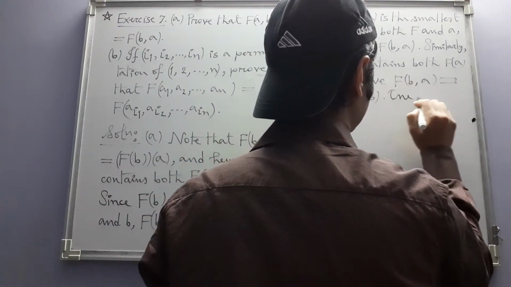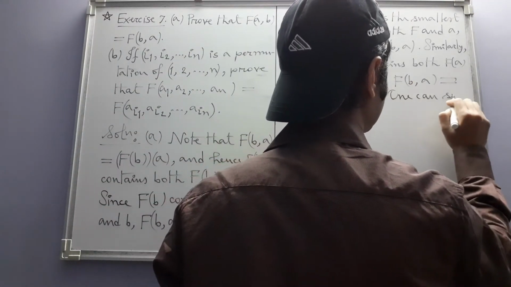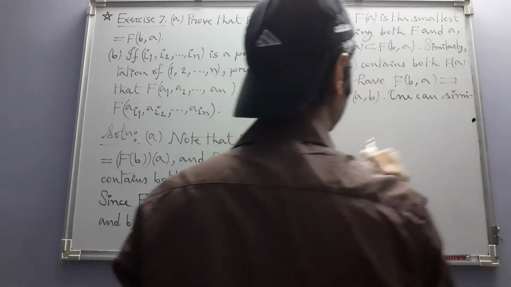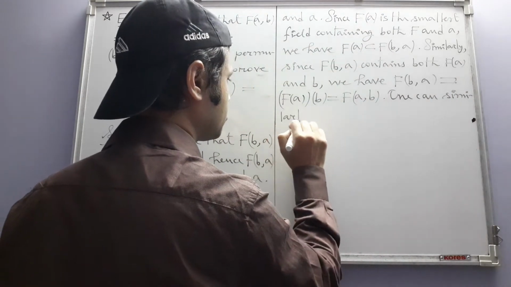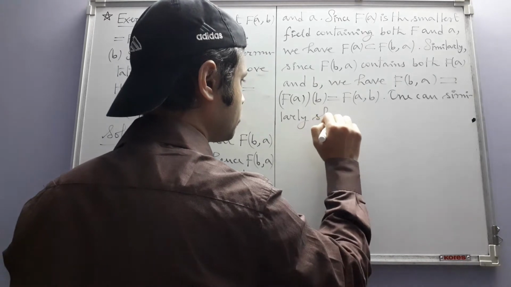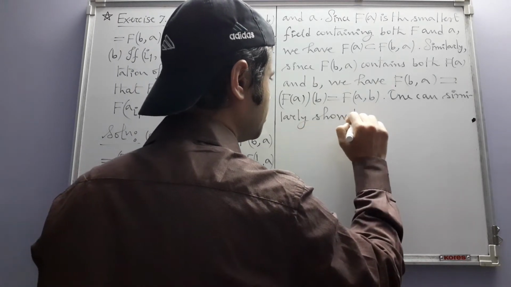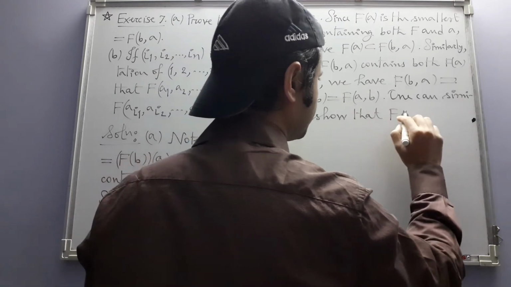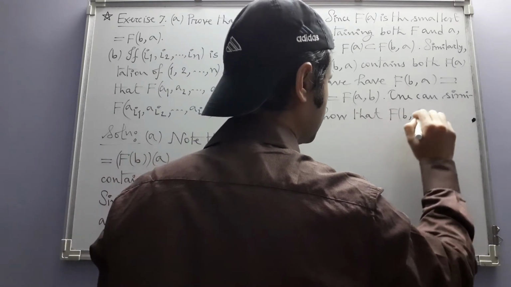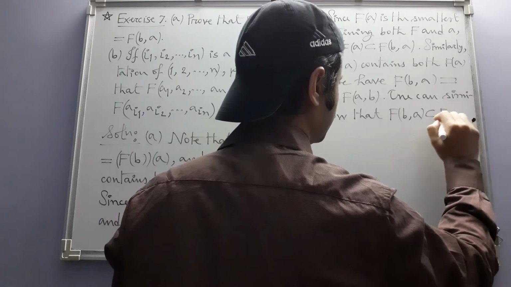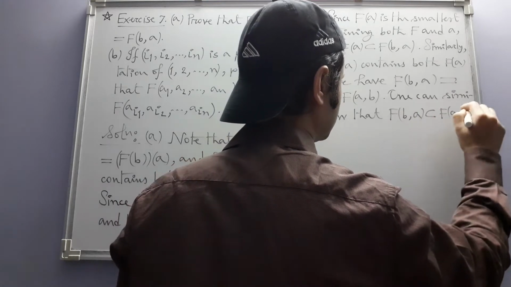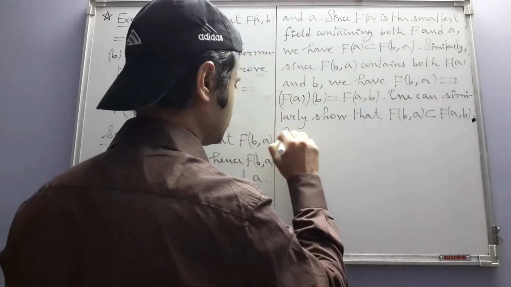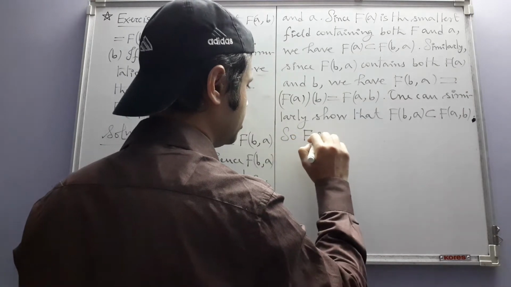One can similarly show that F(B, A) is contained in F(A, B). So they are equal.